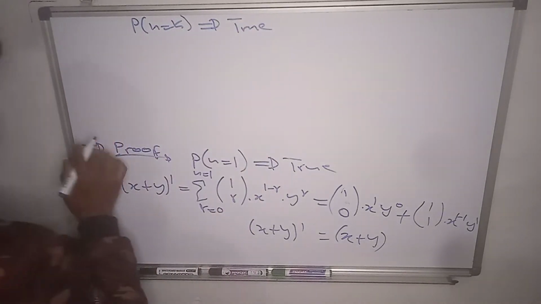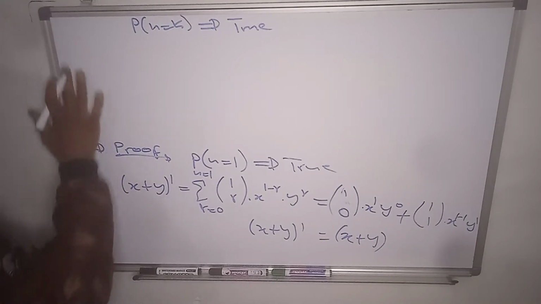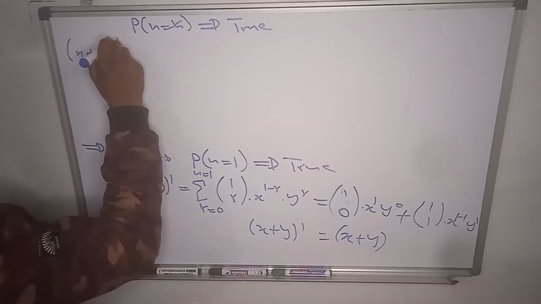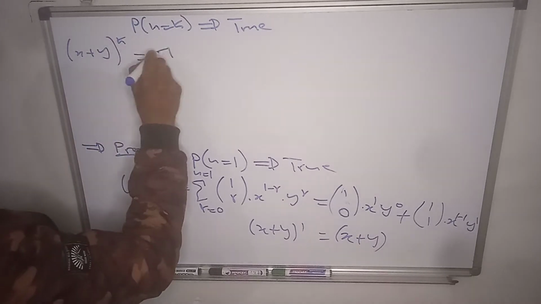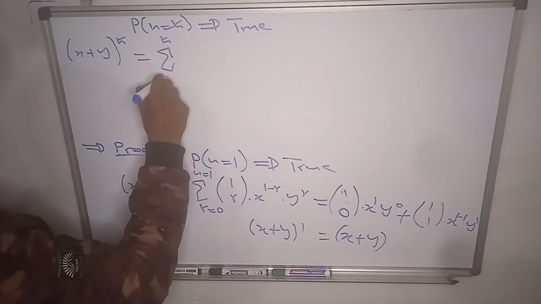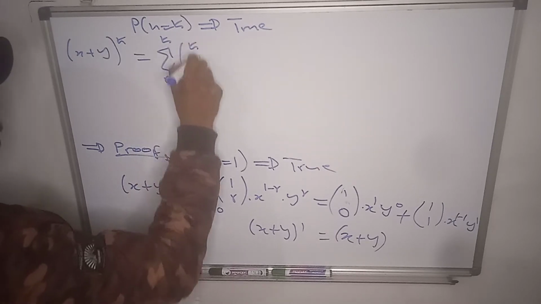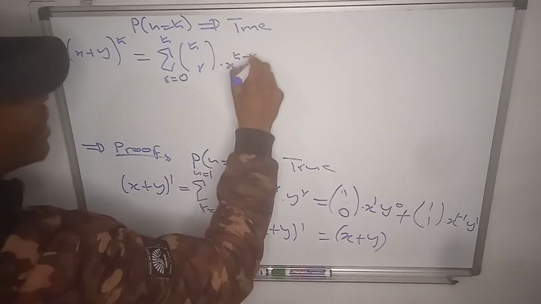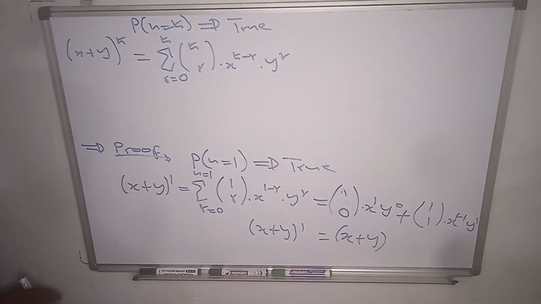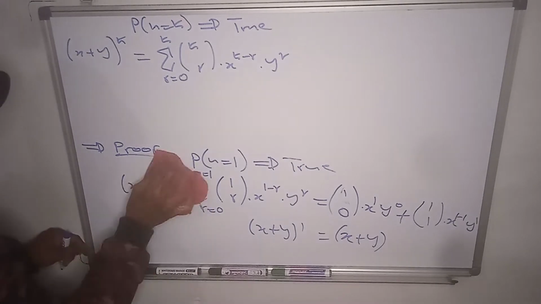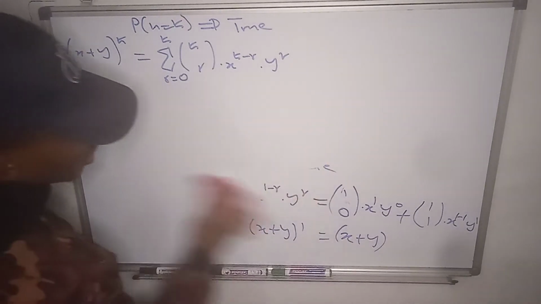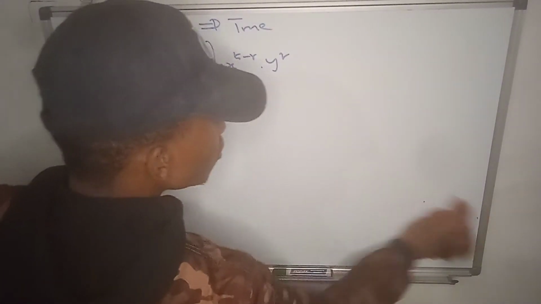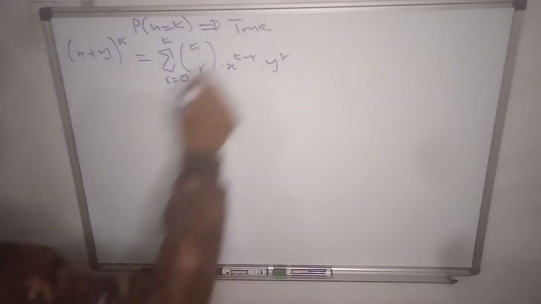So we are going to use this notion of (x + y)^n, but wherever we see n, we are going to put k, which is the same as the summation from r = 0 to k of k combination r times x^(k−r) times y^r. This is what we can do. And then we are going to say that our inductive hypothesis is true. We are going to assume that it's true.